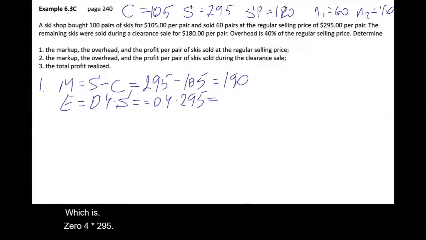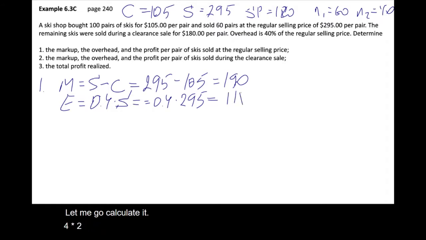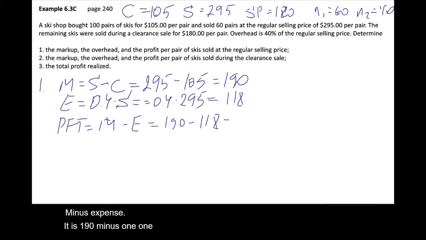Let me calculate it. 0.4 times 295, that's 118. And profit. Profit would be markup minus expense. And it is 190 minus 118, and it is 72 bucks.